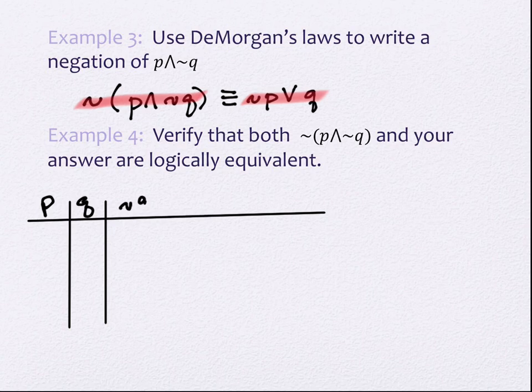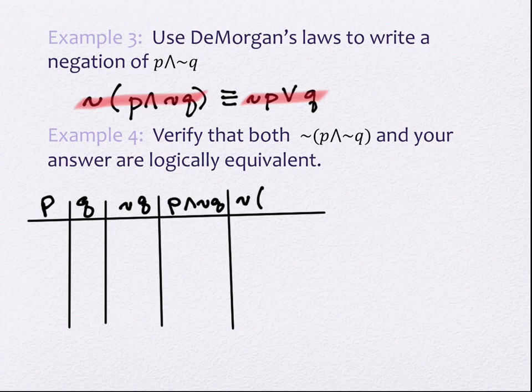So I need tilde Q. And then I'm going to join those, that is P and tilde Q, with an and statement. That's everything inside the parentheses. And then I'm going to negate it.